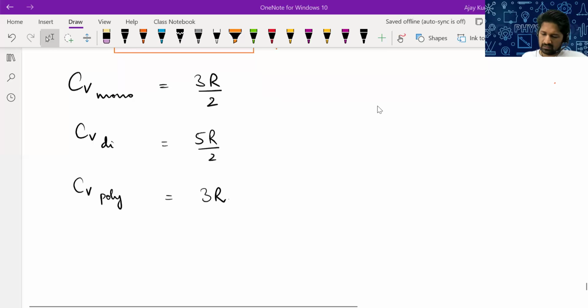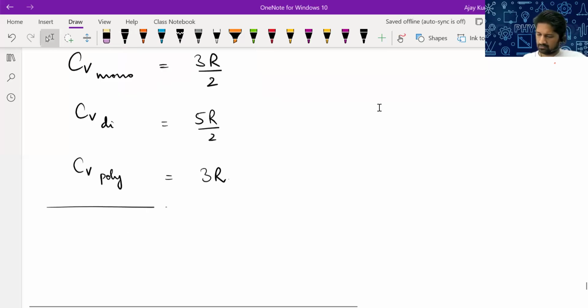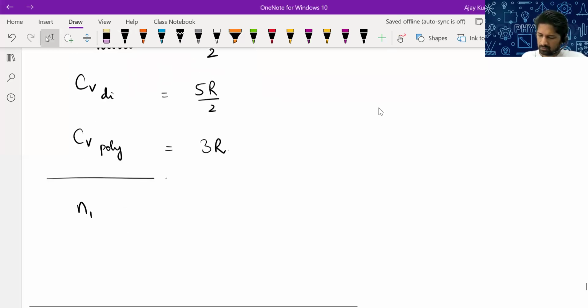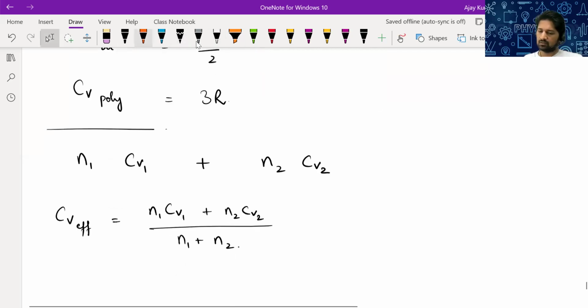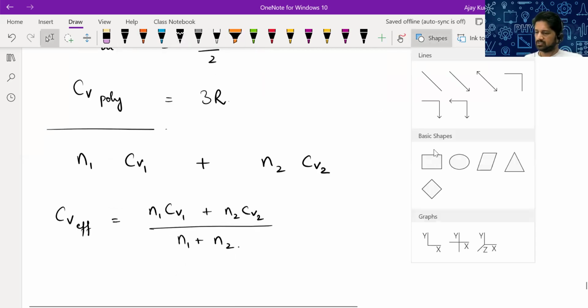Suppose something like that is given to you: n1 moles of one gas having Cv1 put together with n2 moles of another gas having Cv2, then the effective Cv becomes n1 Cv1 plus n2 Cv2 divided by n1 plus n2. So you can find out the effective molar specific heat of a mixture of gases also.